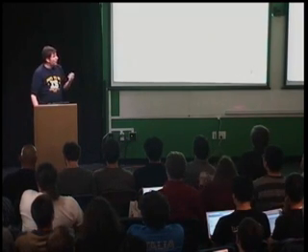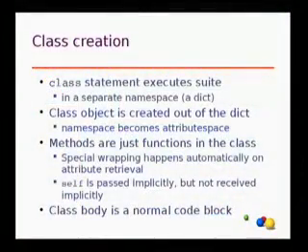So class statements are very similar, but also very different. A class statement is followed by a block of code, a suite, that's executed when the class statement is reached, right away. It is, however, executed in a separate namespace, a dict again. And then after that code block has been executed, the namespace is used to create the actual class object.